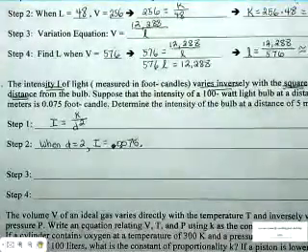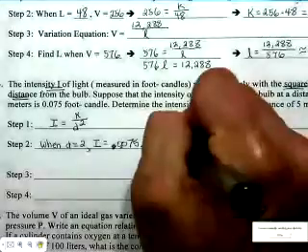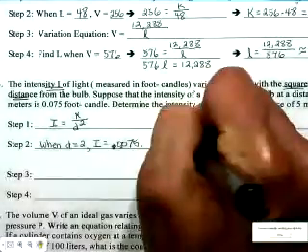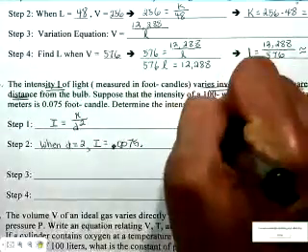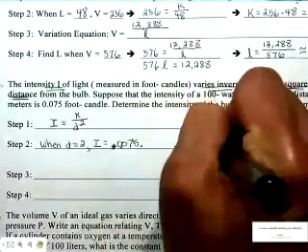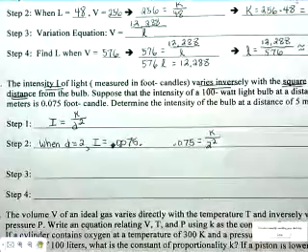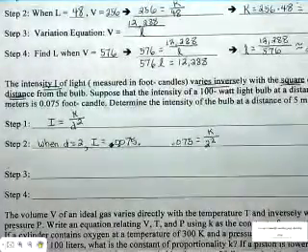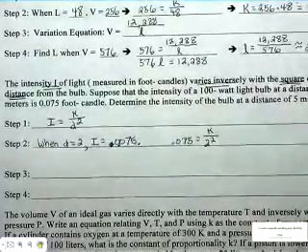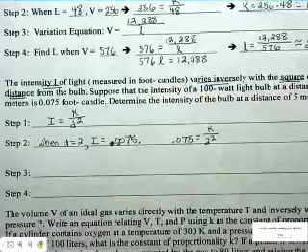That's all I need to solve for K. Put 0.075 in place of I and 2 in place of D. And then what? Well, multiply both sides by 4.